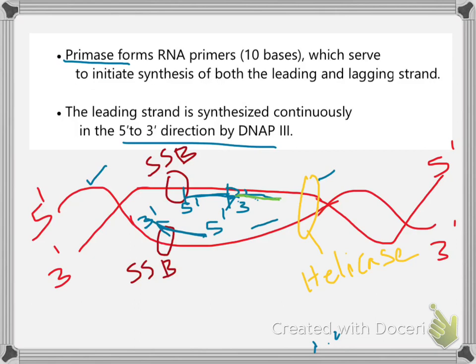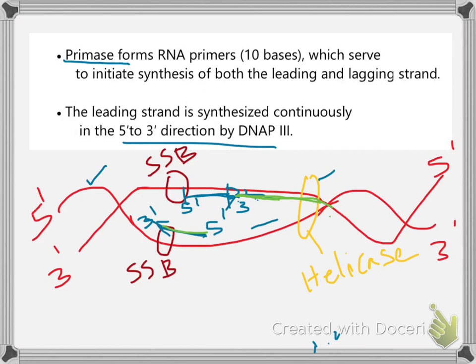So it will continue like this. The DNA polymerase adds the nucleotides in the 5' to 3' direction. So when the helicase moves, it will continue the addition of the nucleotides.